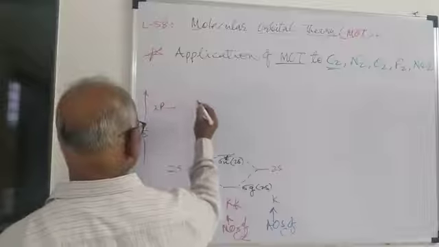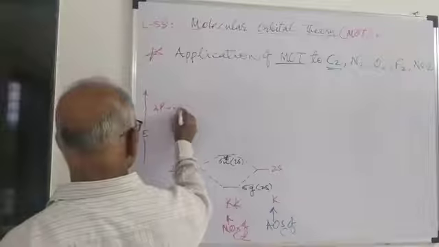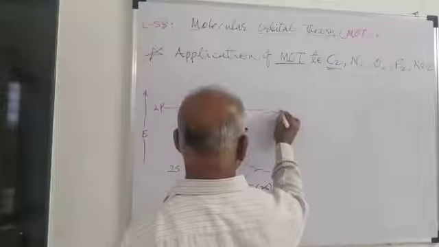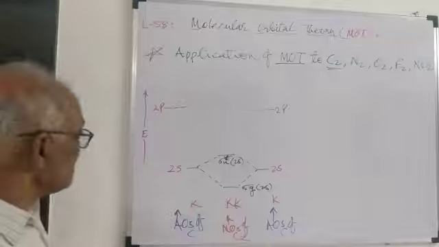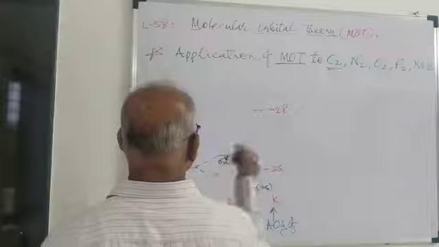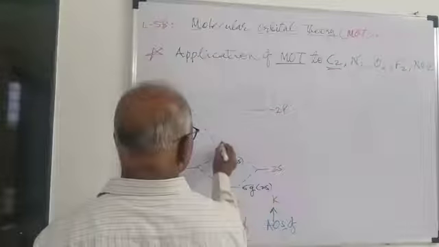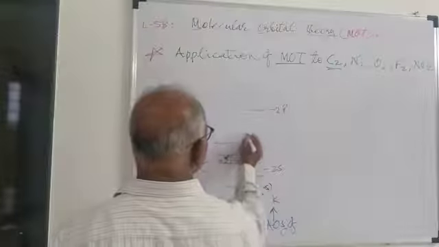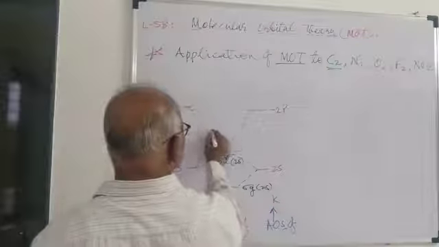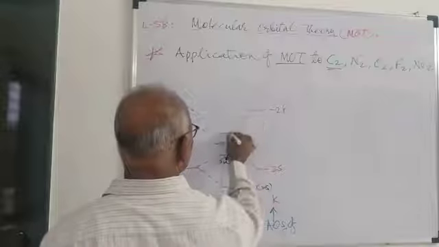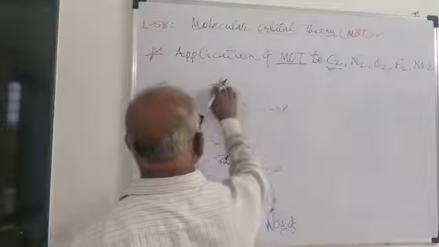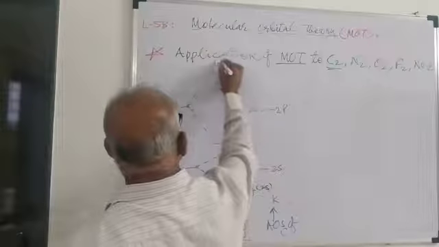There are three such p levels, and as a result of linear combination you will get bonding and anti-bonding molecular orbitals.